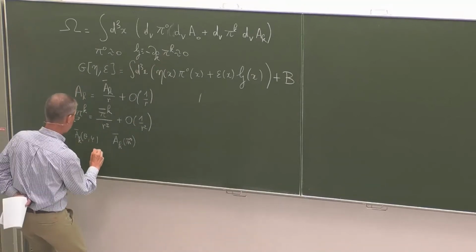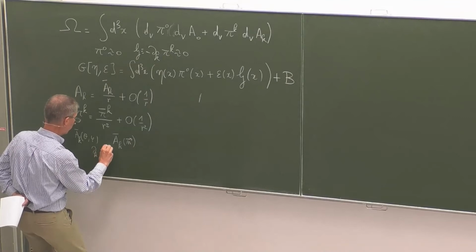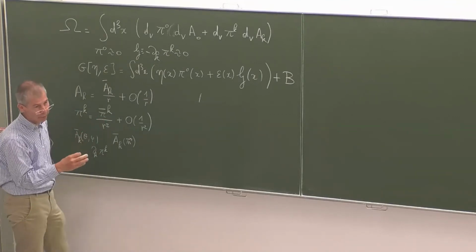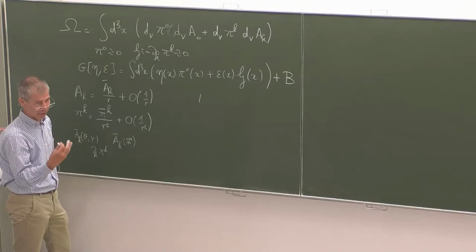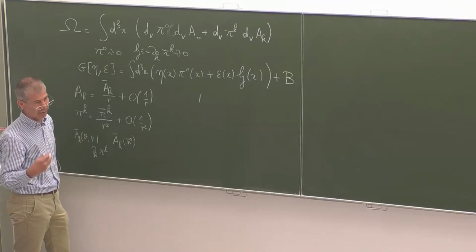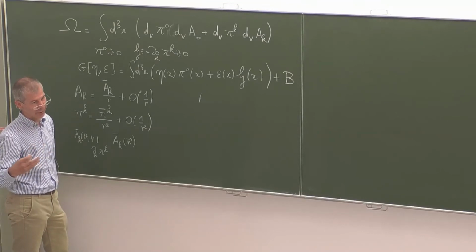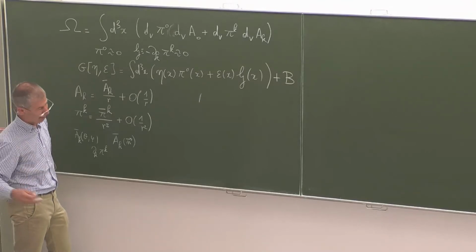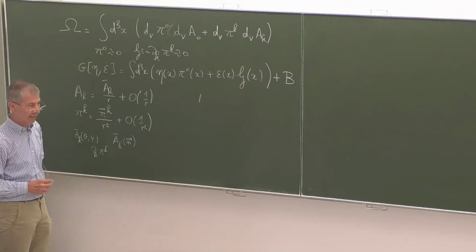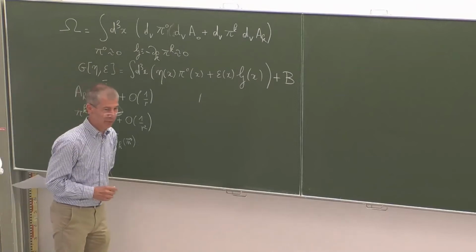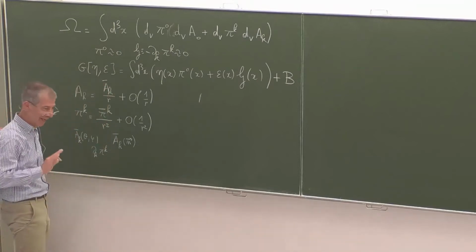So I will assume that if I compute the divergence d_k pi k for a generic configuration, it will go like 1 over r cubed. So I'm also assuming that my functions are such that when I differentiate with respect to x a function that goes as 1 over r to the k, I get something that goes as 1 over r to the k plus 1. In other words, I don't have things like sine of k to the 2000 that I should differentiate. Okay, this I exclude.